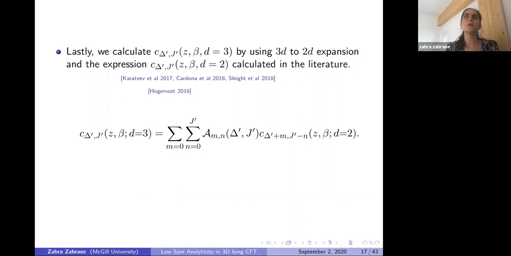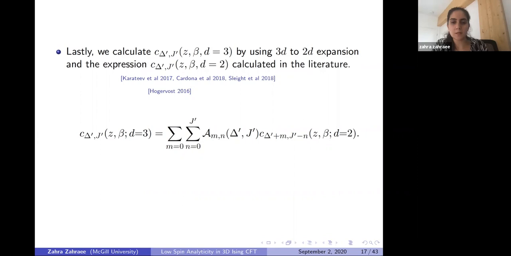The smaller you take the beta in the S channel, the more important the non-perturbative terms in the 1 minus Z bar expansion become. So to capture those non-perturbative terms, it's good to use something which is basically non-perturbative in Z and Z bar, which doesn't have an expansion in Z and Z bar.